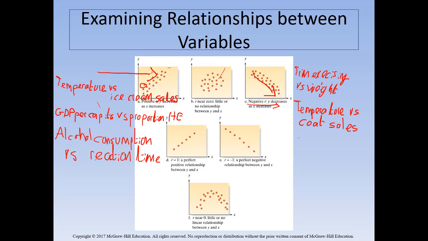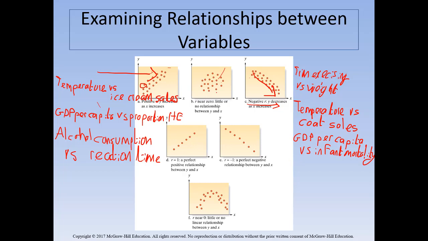And let's have a matching example. We'll have GDP per capita versus infant mortality. Again, as you get richer, your level of infant mortality tends to go down.